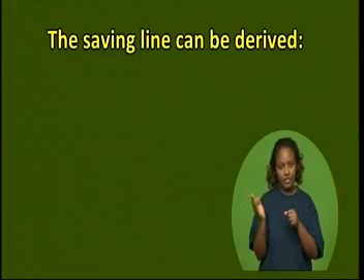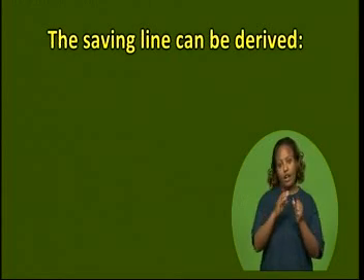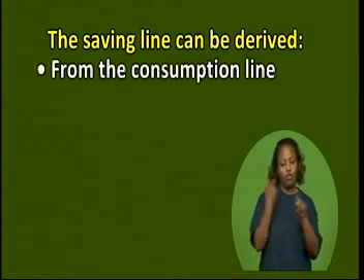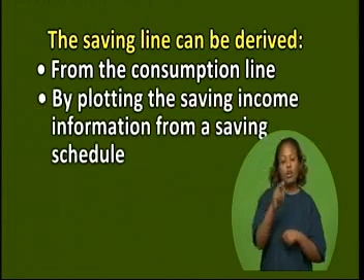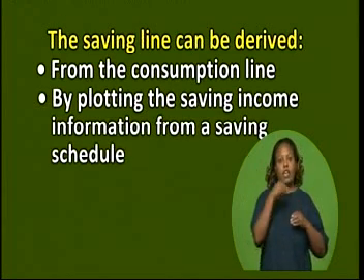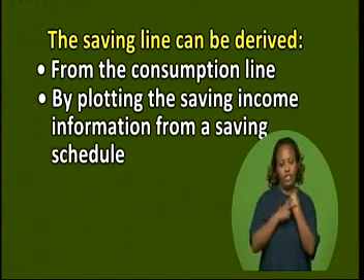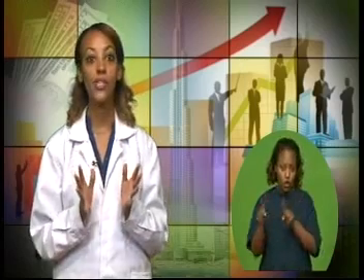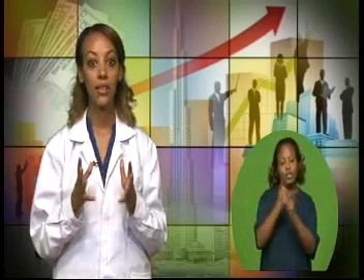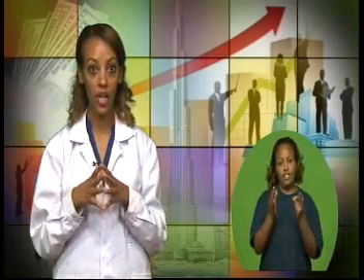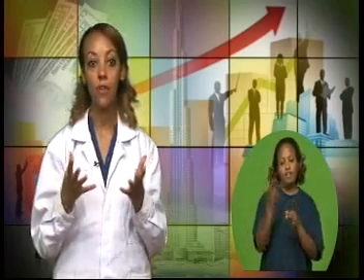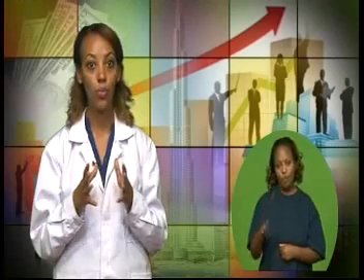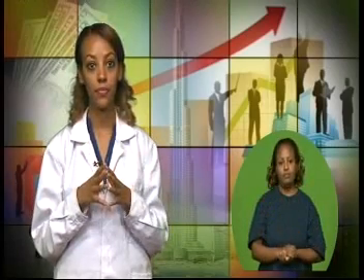Students, do you know how the saving curve is derived? The saving line can be derived either from the consumption line or by plotting the saving income information from a saving schedule. The saving line can also be derived by plotting the mathematical specification of a saving function using slope and intercept.